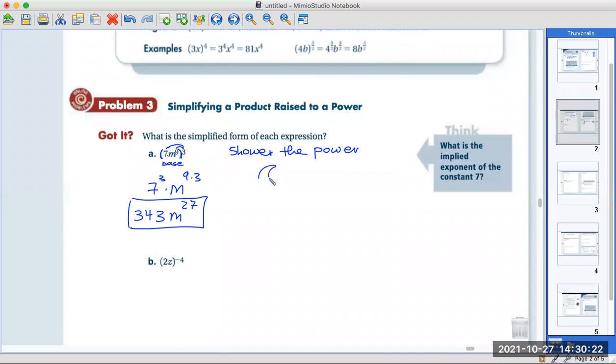So you shower the power, however many are in the parentheses, each one gets that power of 3. What is the implied exponent of the constant 7? It's also a power of 3. Okay, shower the power.